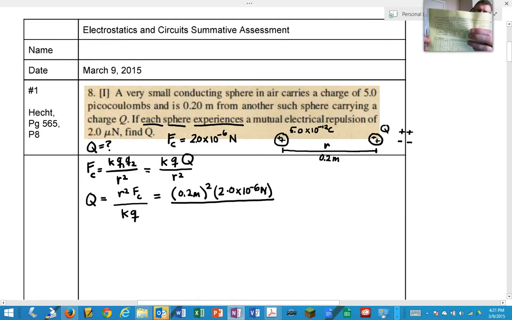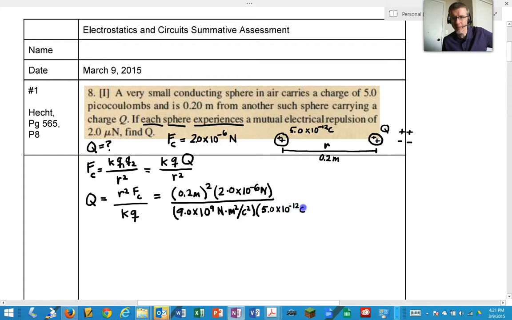K is Coulomb's law constant here. It's 9.0 times 10 to the ninth newtons times meter squared divided by coulomb squared. And then times the charge that we've got, so 5.0 times 10 to the minus 12 coulombs.